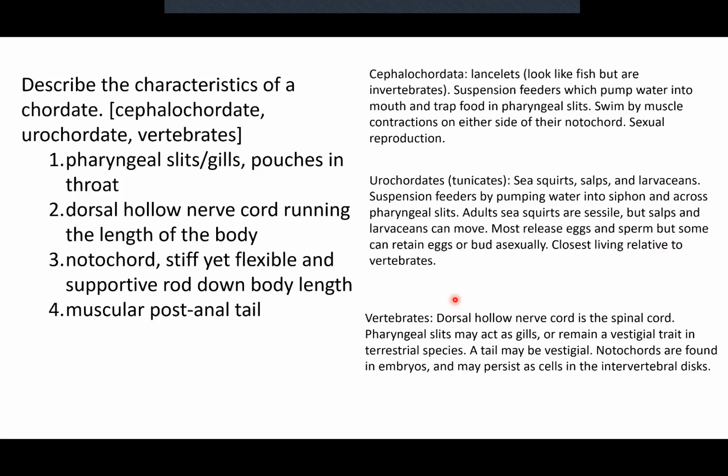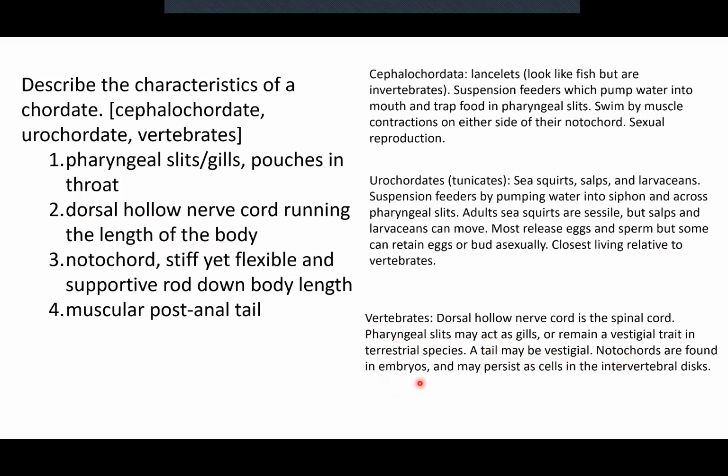Now, vertebrates have a spinal cord, which is the dorsal hollow nerve cord, which runs the length of the body. The pharyngeal slits may act as gills, as in fish, or remain a vestigial trait in terrestrial species. Tails may be vestigial.